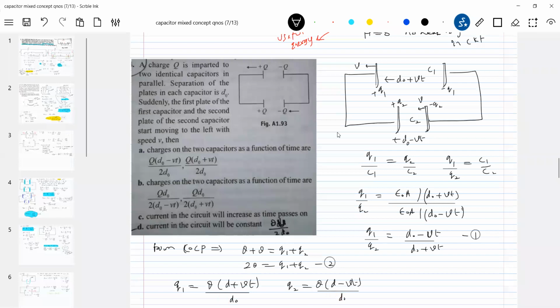Okay, I'll take it out. 2Q charges, you know. Q1 plus Q2 is equal to 2Q, no? So Q1 will be equal to Q into D minus Vt by D naught. This will be plus.